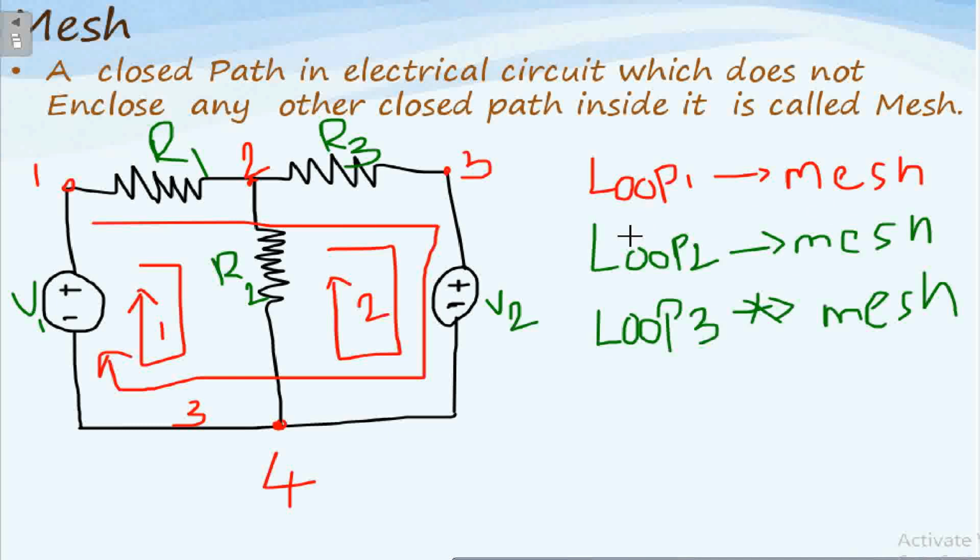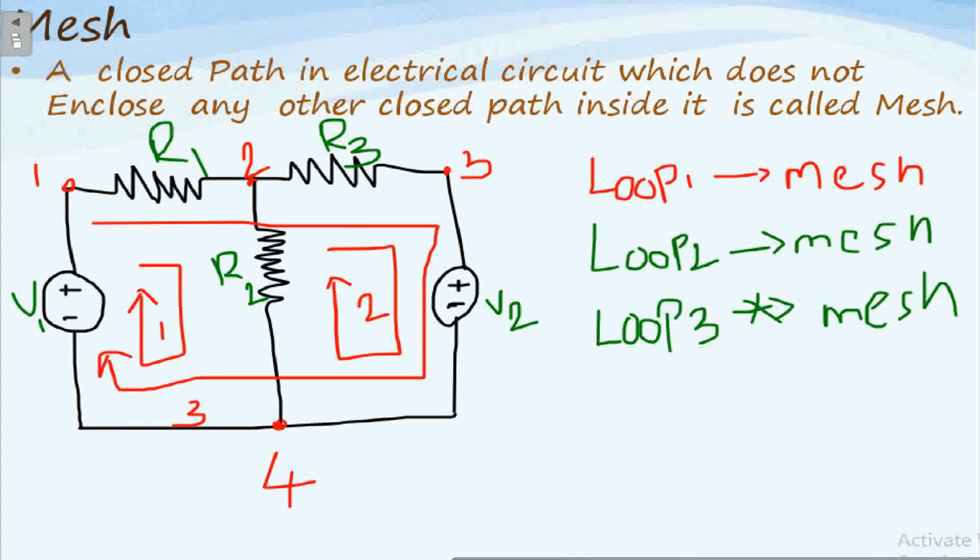A mesh is also a closed path, and a loop is also a closed path. But in the mesh we should follow one condition, that it should not include any other closed path. So all meshes become loops, but all loops are not meshes. Very important point this is.